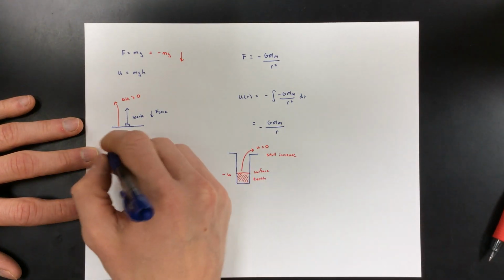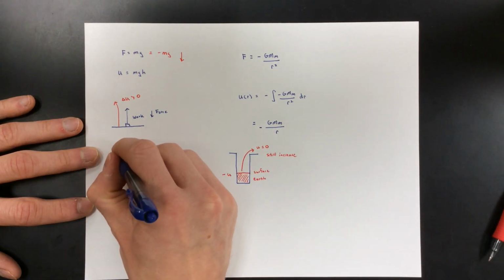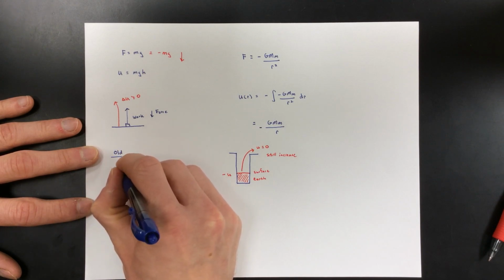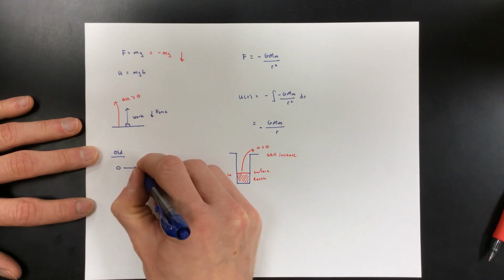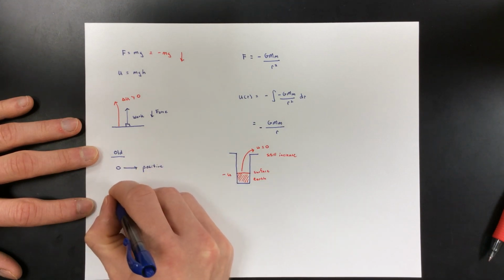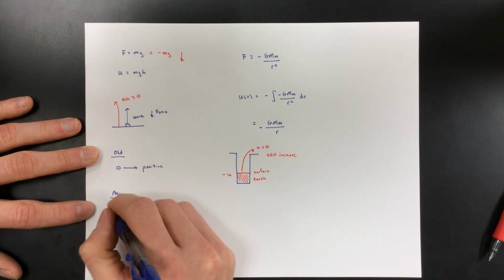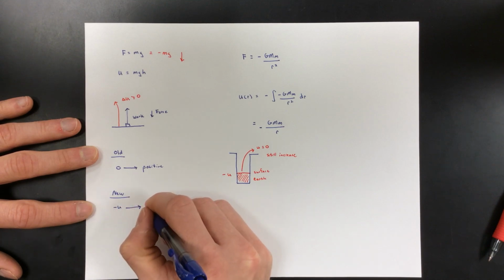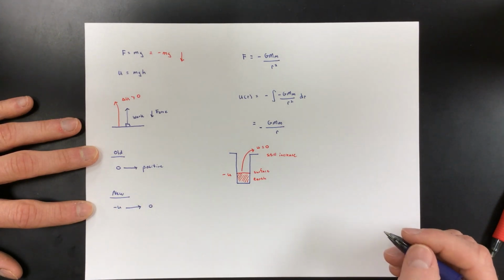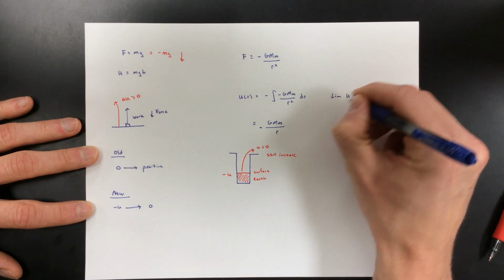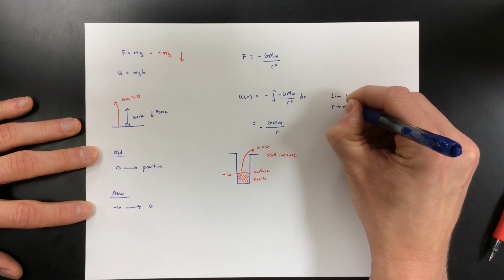So if you consider the old way, you started at a 0 potential, and as you increase your height, you went to some positive. The new way, in this potential energy well, you start out with some negative potential energy, and as you go away from the Earth's surface, you still increase it, but you just end up going closer and closer to being 0, right? Look at the limit of U as r goes to infinity.